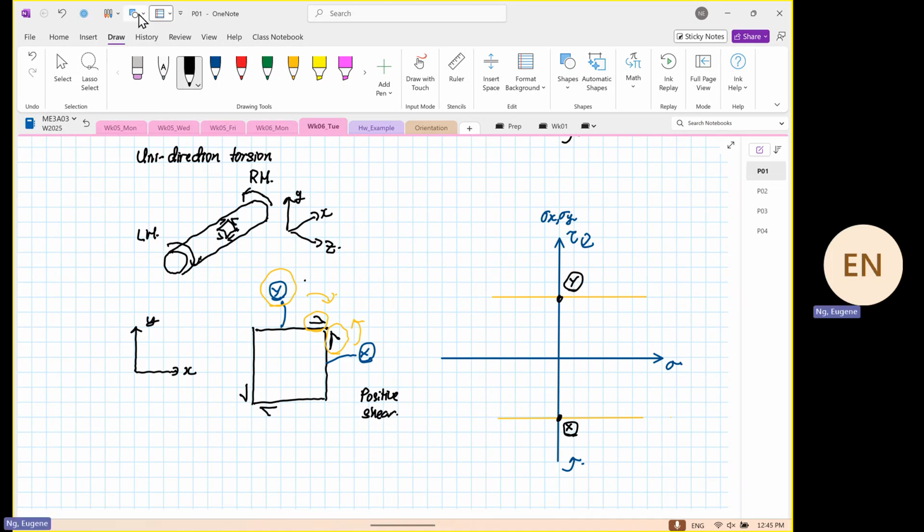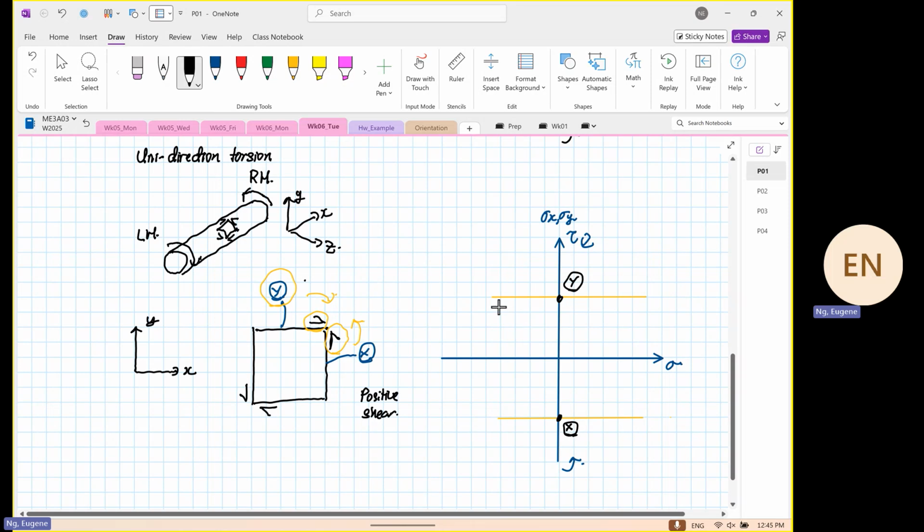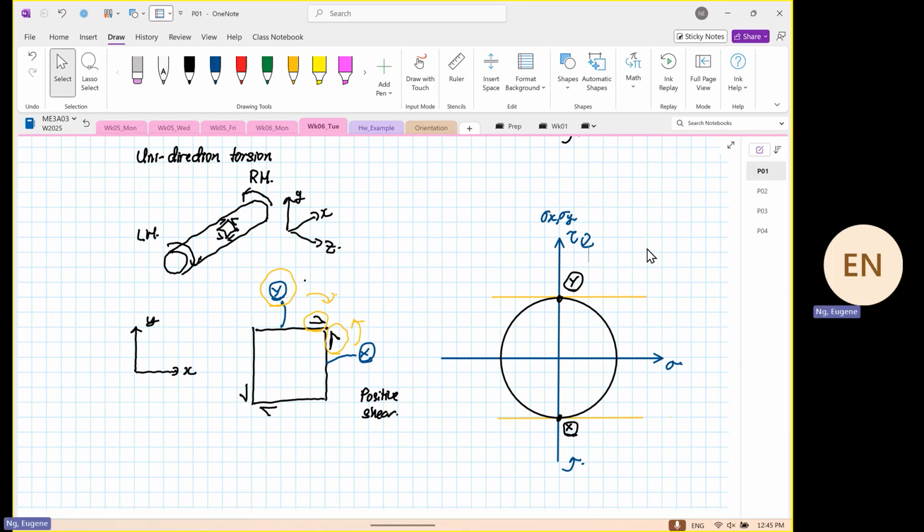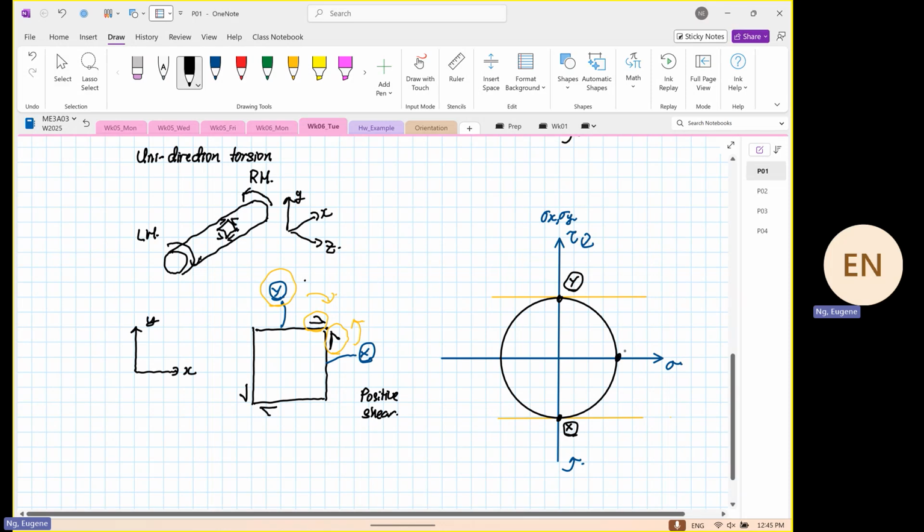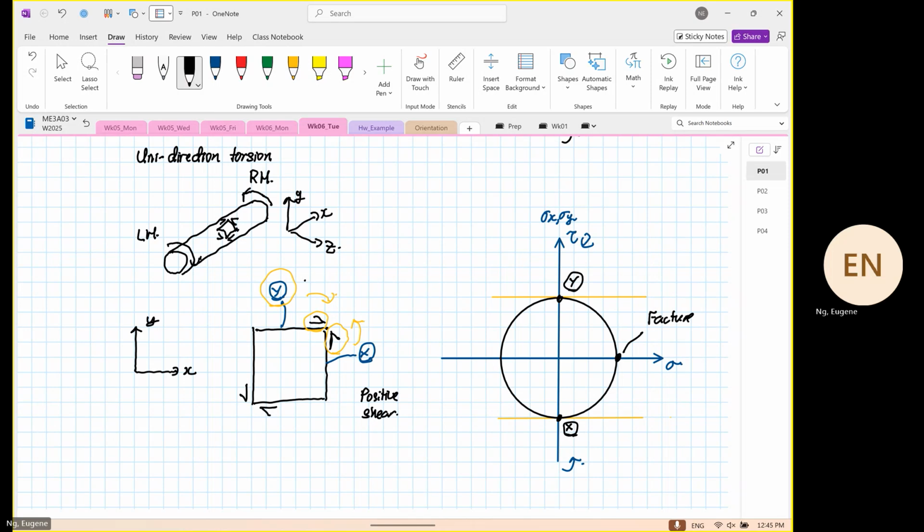Now we are going to sketch our diagonal circle. From what we learned over here, this is known as our fracture surface orientation.